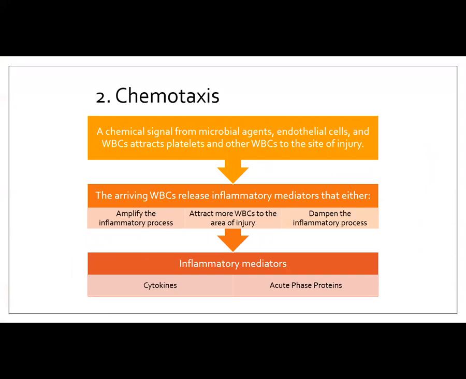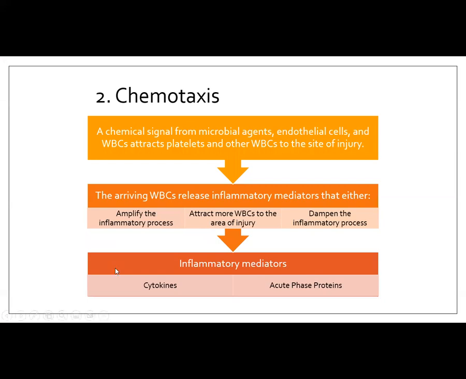So the second thing is your chemotaxis. What happens in the second form of inflammation is a chemical signal from microbial agents, endothelial cells, and white blood cells attract platelets and other white blood cells to the site of injury. The arriving white blood cells release inflammatory mediators that can either amplify the inflammatory response, attract more white blood cells to the area of injury, or dampen the inflammatory response.